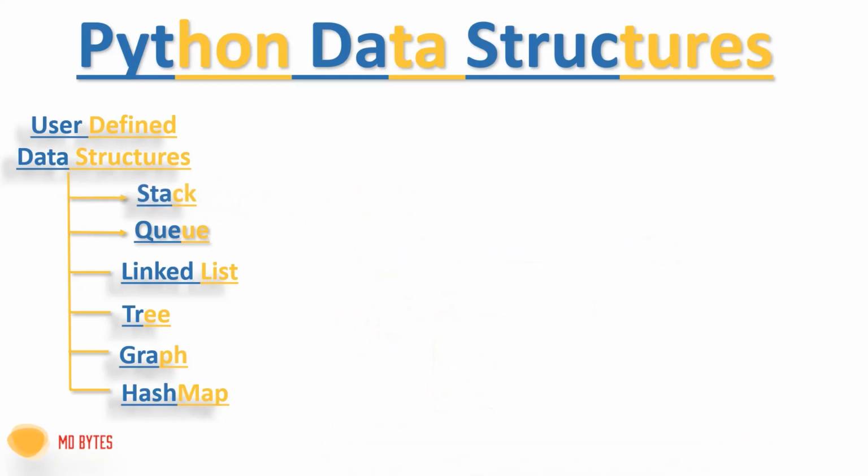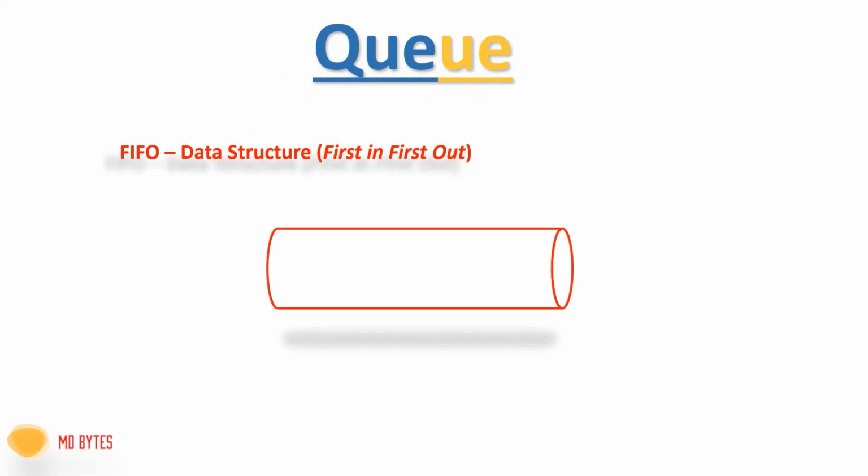So this video tutorial is all about queue implementation in Python, which is the first in, first out data structure type. Let me show you the graphical demonstration of the queue process. For inserting data in a queue, the process is called enqueue.